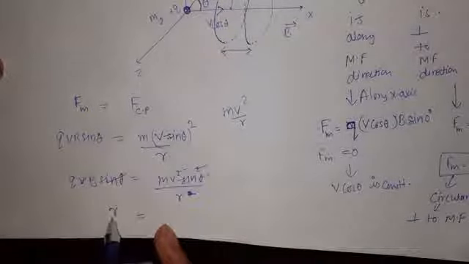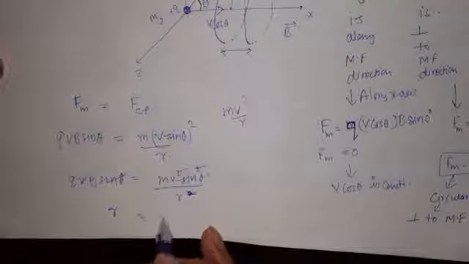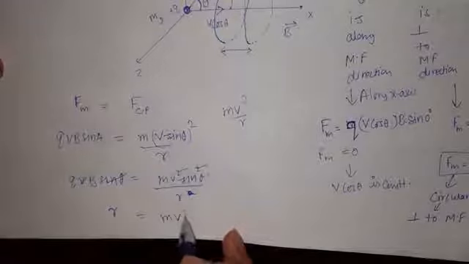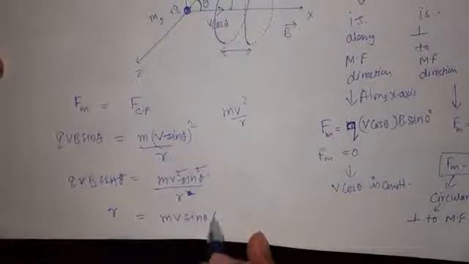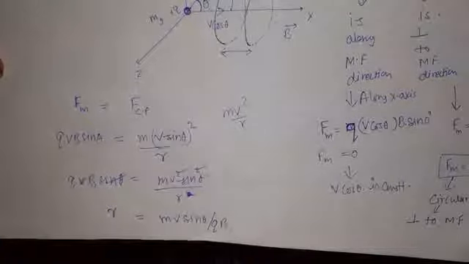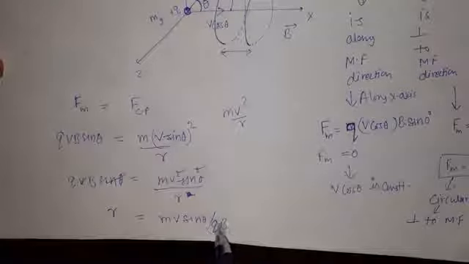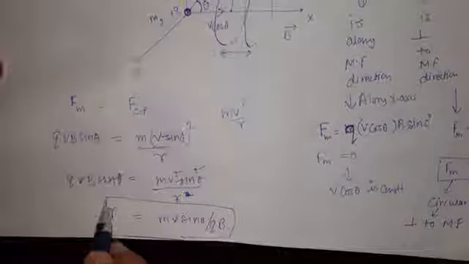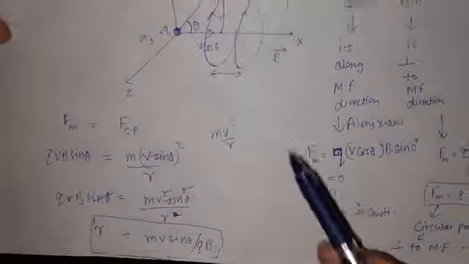So r is equal to m v sin theta by q B. Thus we got the radius of the circular path in which this charged particle will move when it enters at an angle.